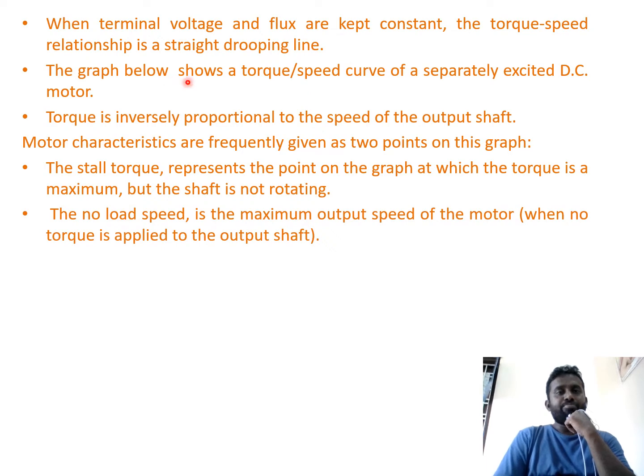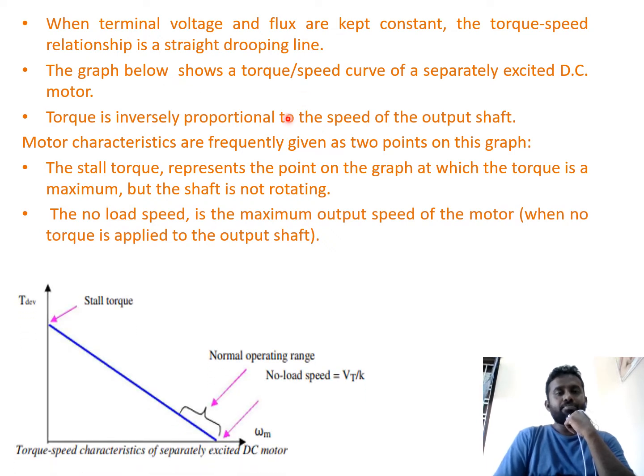The graph below shows a torque speed curve of a separately excited DC motor. In your syllabus, it is given that torque speed characteristics and speed control methods of separately excited DC motor. So we are only confined to separately excited DC motor. You also have the torque speed characteristics and speed control methods for self-excited machines.